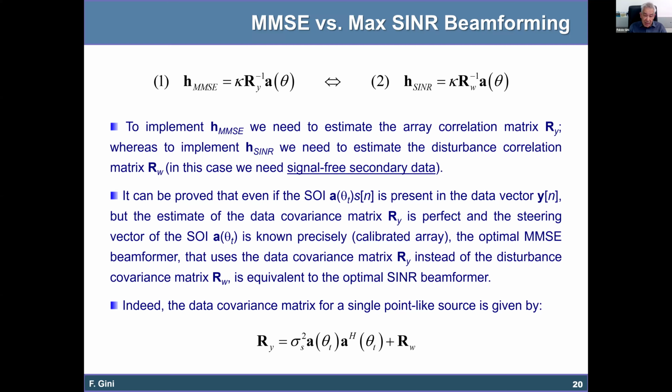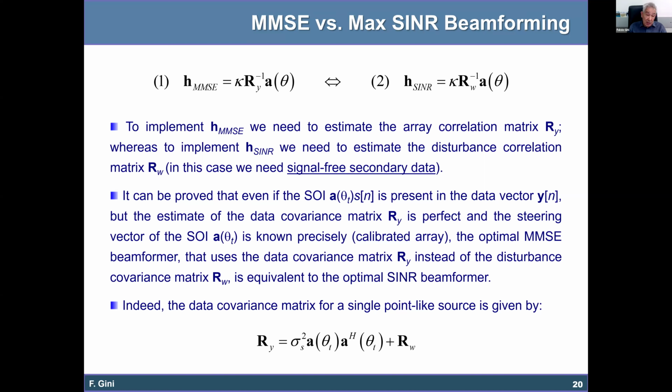So you collect data from other range cells under the assumption that the noise, the disturbance, is stationary in time and space, and so the secondary data share the same correlation structure as the cell under test. And this is the way we do it in radar.